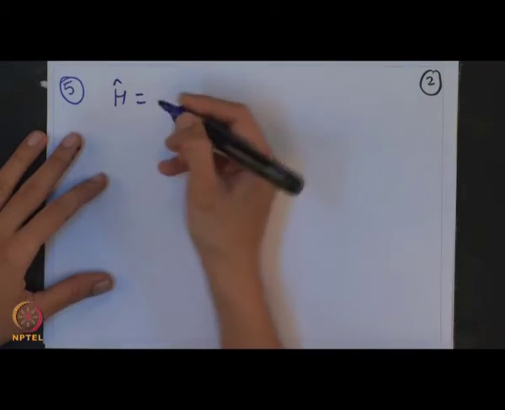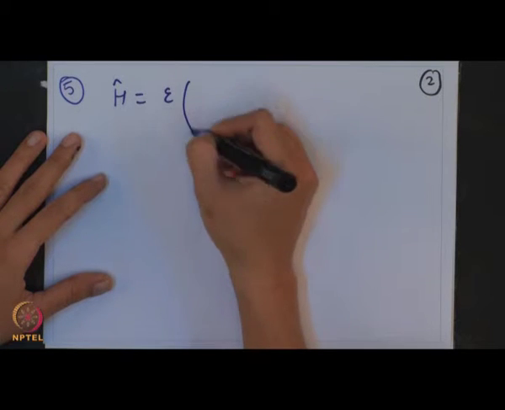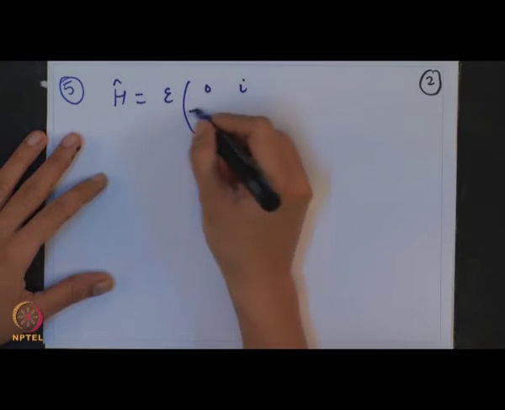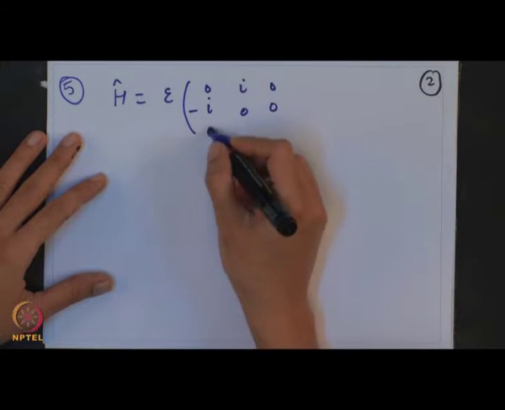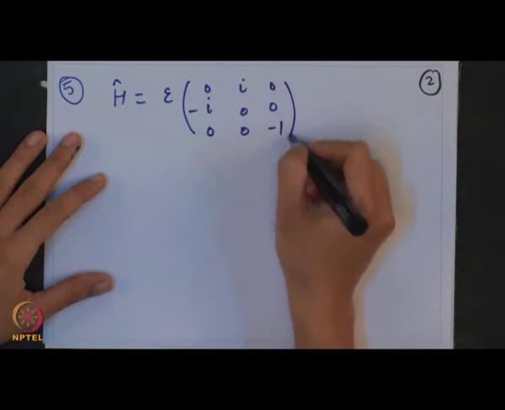So, we have this. In the fifth problem, a Hamiltonian operator again is given to you. A physical state has a Hamiltonian operator H which is epsilon times the matrix with entries 1, 0, 0, 0, 0, 0, 0, minus 1.